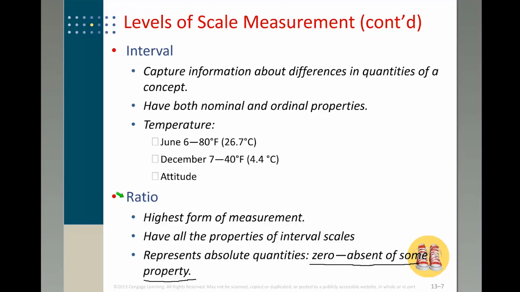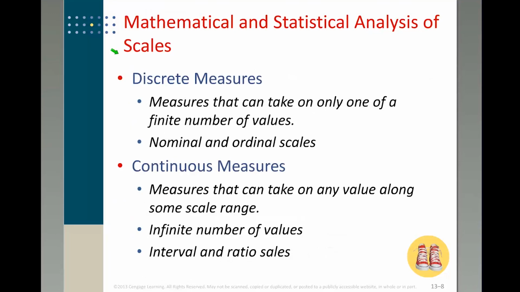Sometimes we could combine these two if our research purpose allows us to do so. If we don't really care about this absence of some property thing, we could just combine interval and ratio together. I've also seen textbooks that just mention interval data and skip ratio because there's just little difference between these two measures.